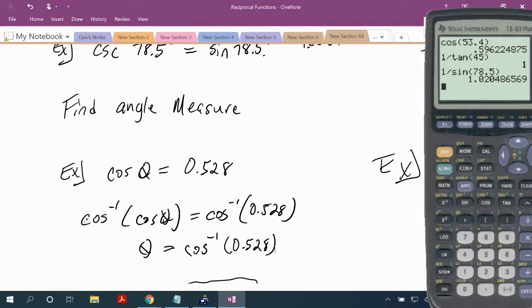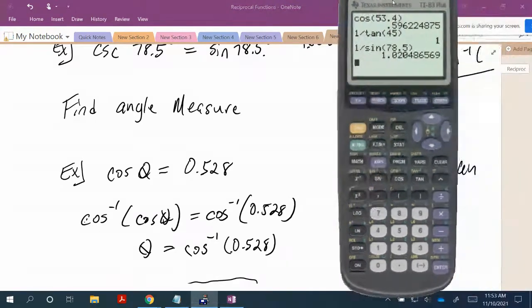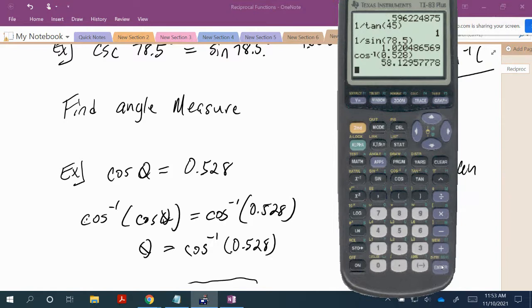So I'm going to put that into the calculator. The arc cosine of 0.528, and we have 58.13 degrees. Right? So I'm simply taking the arc cosine of both sides.